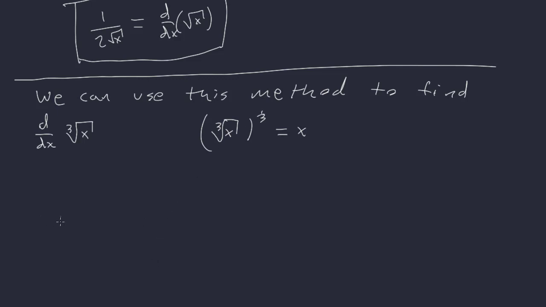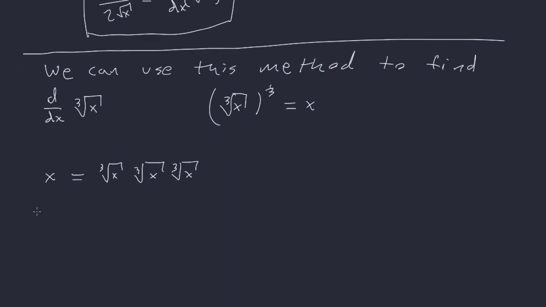So that means that x is equal to 3 cube roots multiplied together. And here we don't have to worry about x being positive because thankfully the cube root is defined for all x.